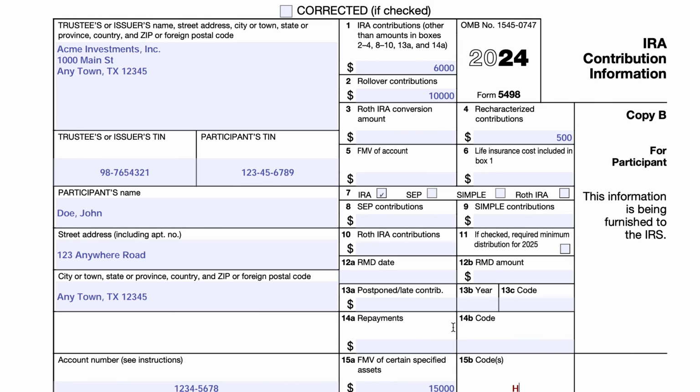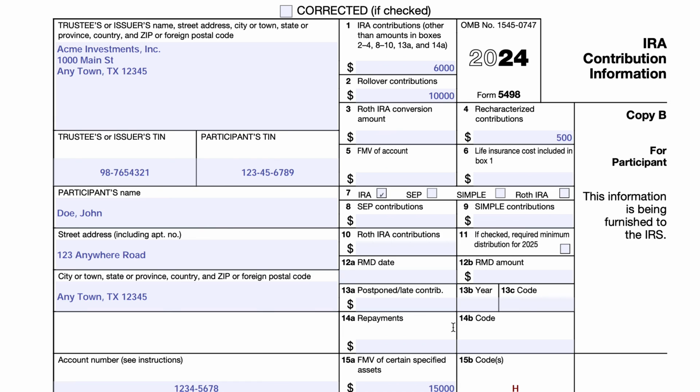So this is an informational return because it usually comes out the end of April or mid-May. None of this information is required for your tax return for the year closed. However, there are tax planning opportunities that may present themselves specifically with Roth conversion planning.